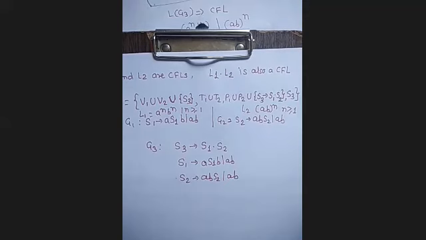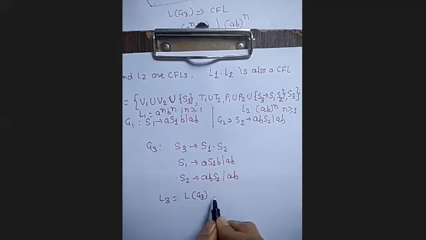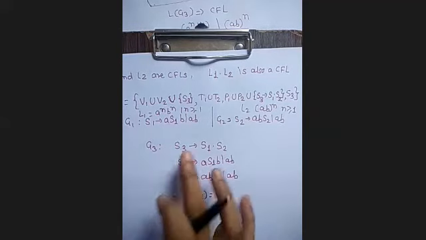What is the language generated here? What is L3? L3 is the language generated by G3. Can anybody tell me, what is the minimum length string generated here for the G3? Minimum length string generated using this start symbol. Now S3 is our start symbol.